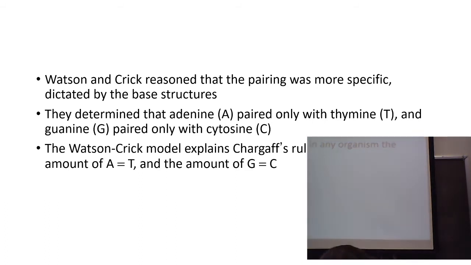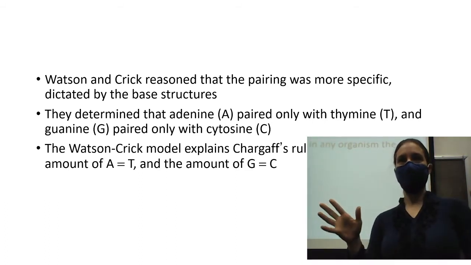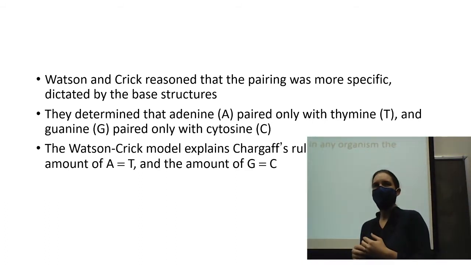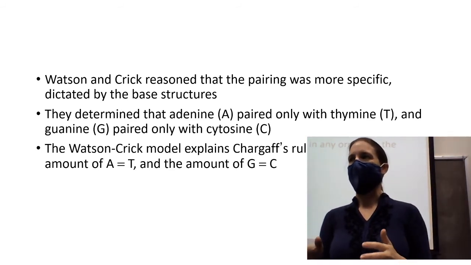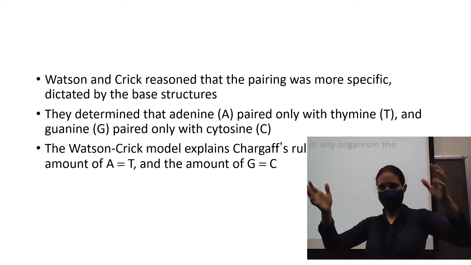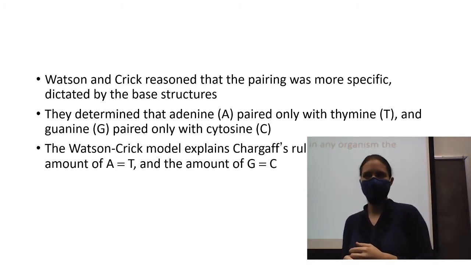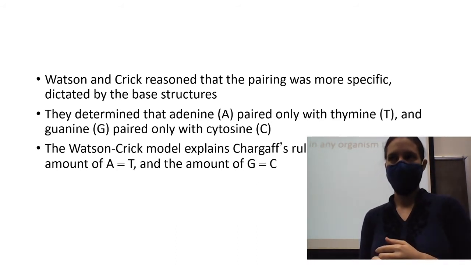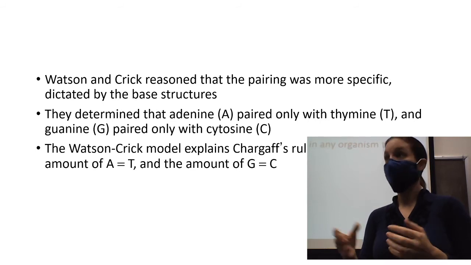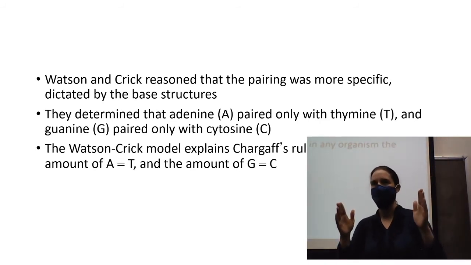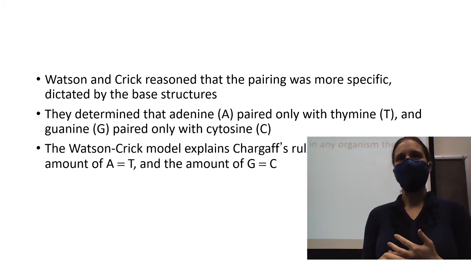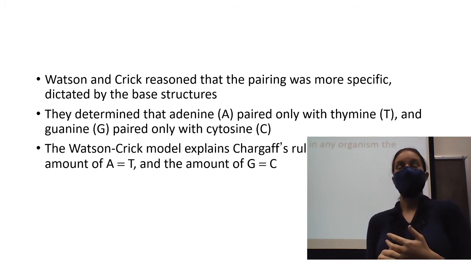Help me out with some quick, brief algebra. Let's say I have 10% A's in my whole thing. What percent of T's do I have? 10% as well. Fair enough? Okay, so I know 10% A, I know I have 10% T. Does that mean I can now know what percent C I have?